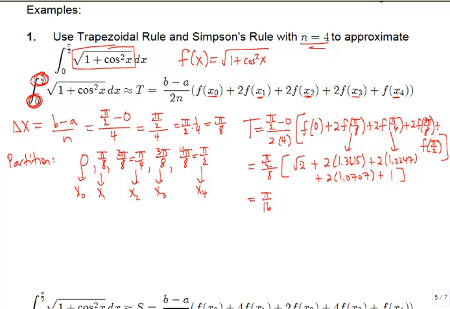So here are my 5 different values: f of 0, f of pi over 8, f of pi over 4, f of 3 pi over 8, and f of pi over 2, and the 3 middle ones have those coefficients of 2. So you would multiply all of that by that pi over 16 out front, and again this is all stuff you want to do on your calculator, and you're going to approximately get 1.8686.